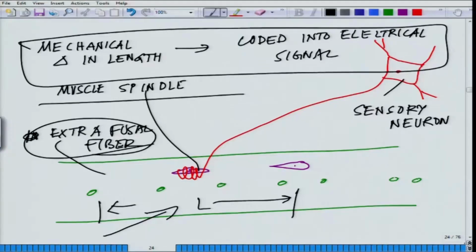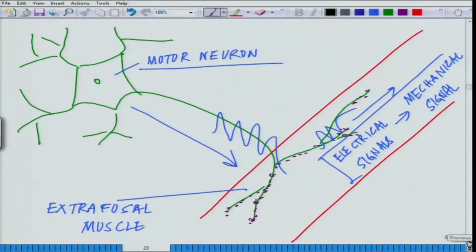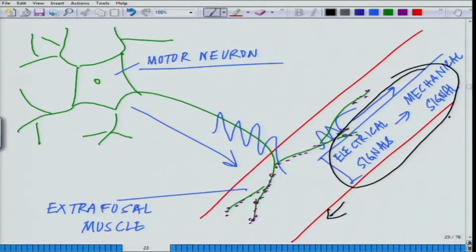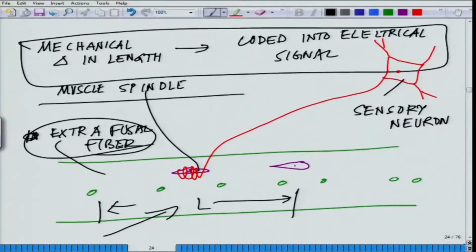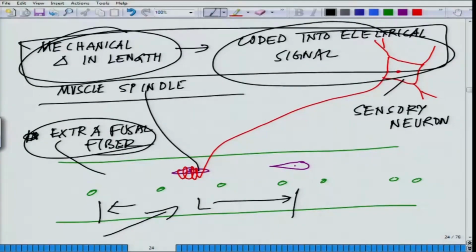If you go back to the previous slide, this is the zone where the electrical signal is transmitted into a mechanical signal. It has to come back to its original length, because the length has changed because of some impact, because of a stretch. And in the very next slide, here in the first part of the circuit, the mechanical change in length is being coded into an electrical signal.